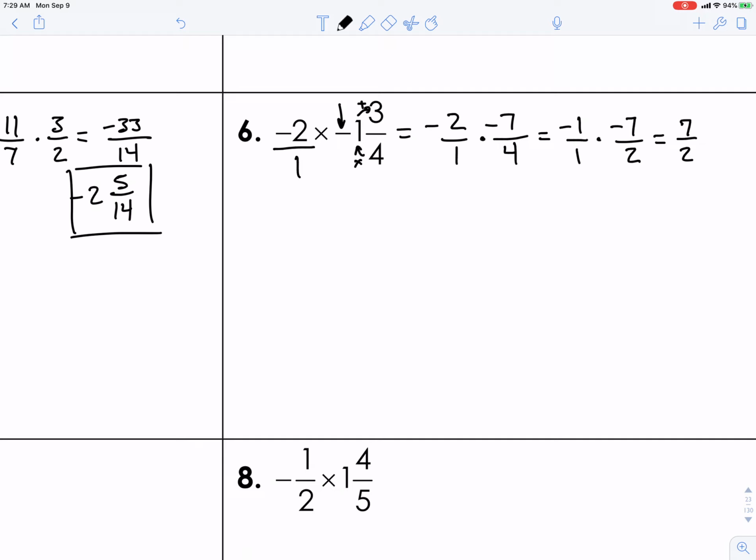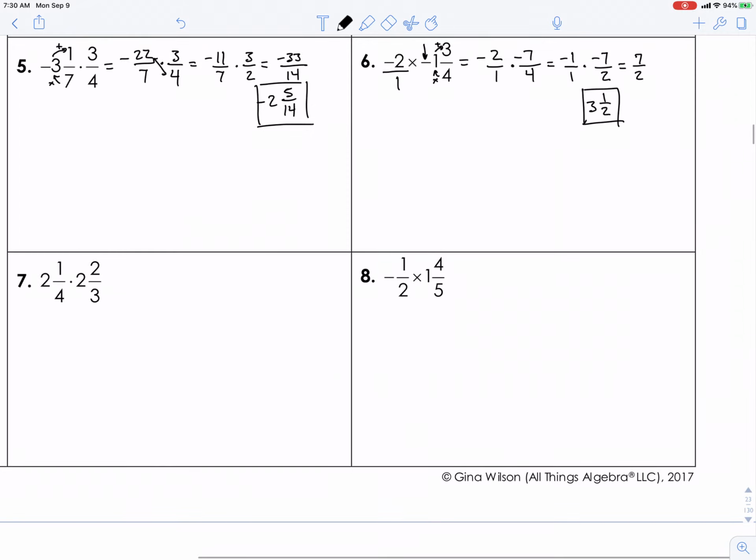And we almost have our answer here. So 2 goes into 7 3 times, because 2 times 3 is 6. I take the 6 out of the 7, that leaves me 1/2. Okay, that is my final answer, correct answer.